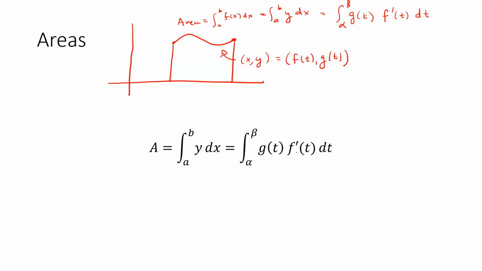Okay, so you see here in the formula this g of t is really y and the f prime of t dt is really dx. And notice here these are now integrating from the parameter t equals alpha to t equals beta. So here the points a and b are given by f of alpha and f of beta.